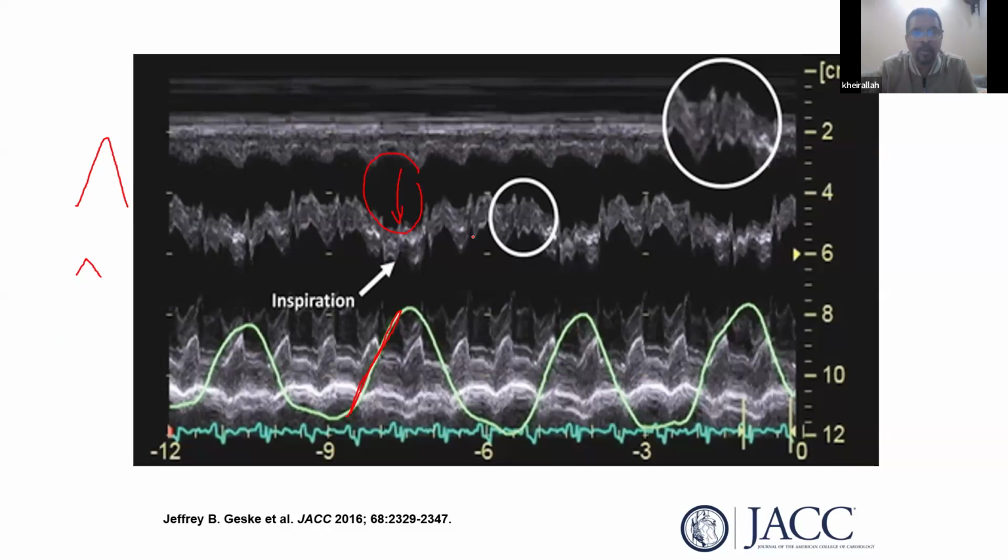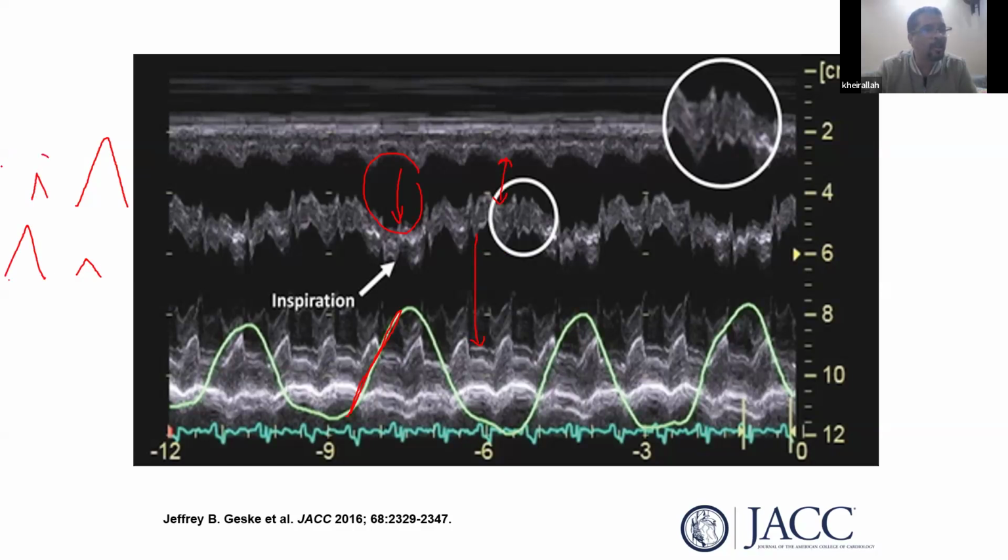Now during expiration, the septum goes rightward, so the left side fills with blood and its pressure is going to be high. Look at the RV: it is going to be a small cavity, hard to fill with blood, so the pressure there is going to be low.